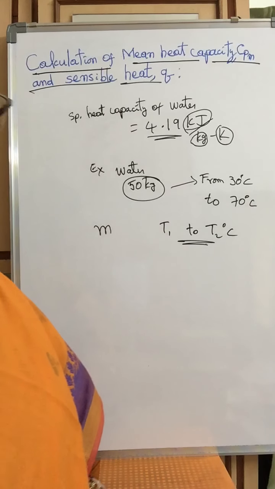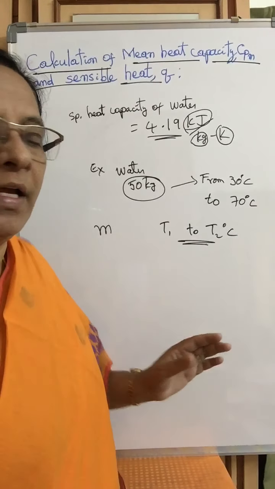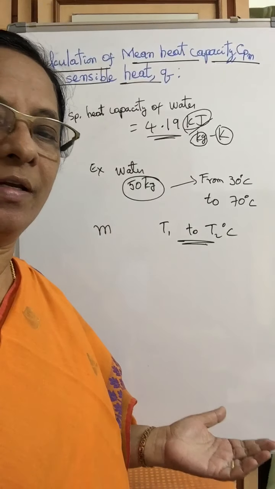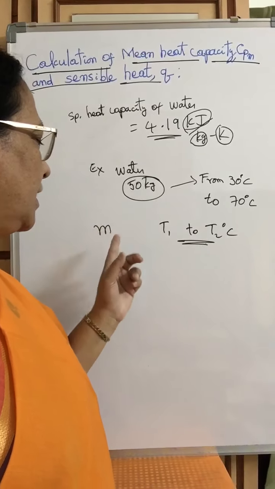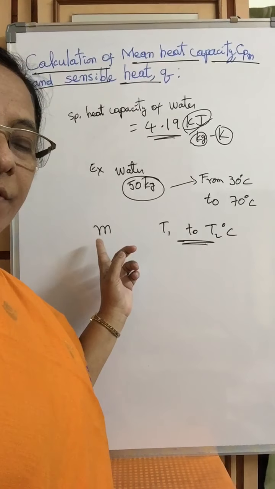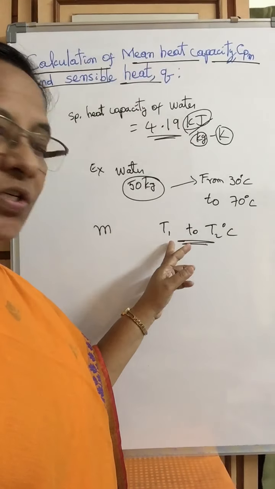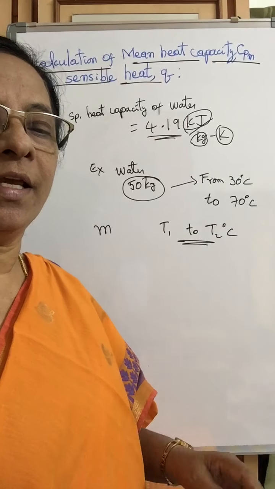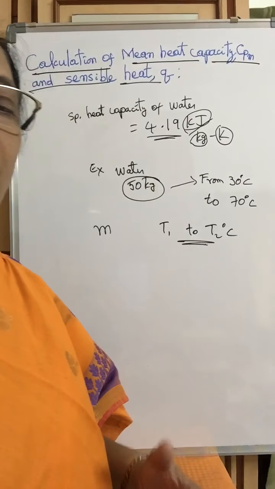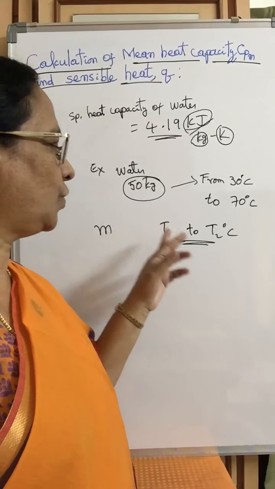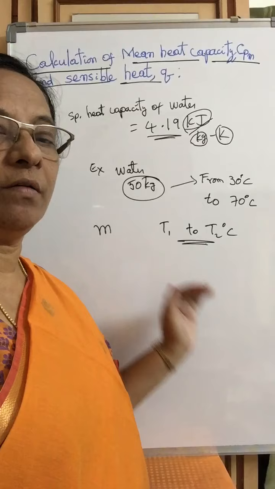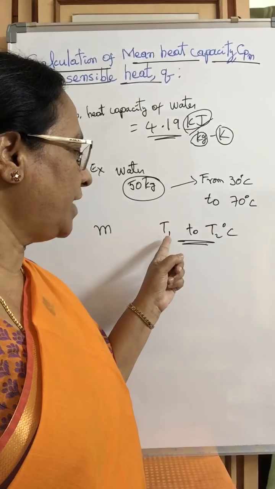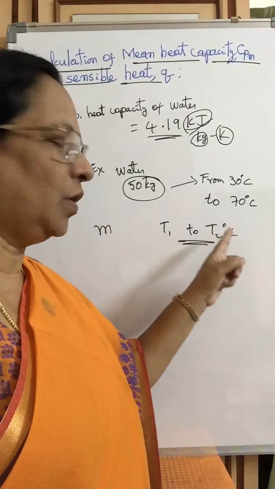Therefore it is very clear that in chemical industries, especially in heat exchangers, it is necessary to heat an amount m from T1 to T2. Then we need to calculate what quantity of heat is to be supplied to raise the temperature from T1 to T2.